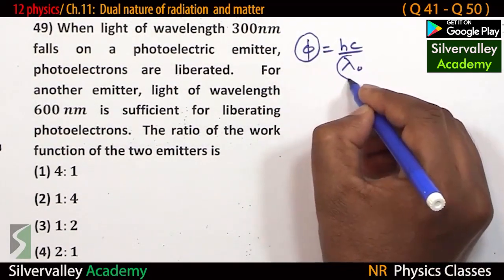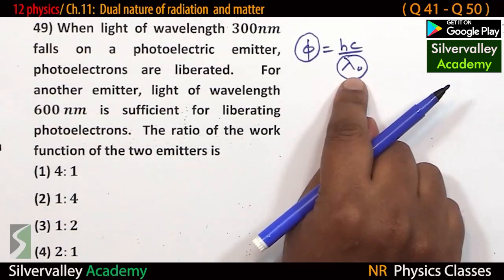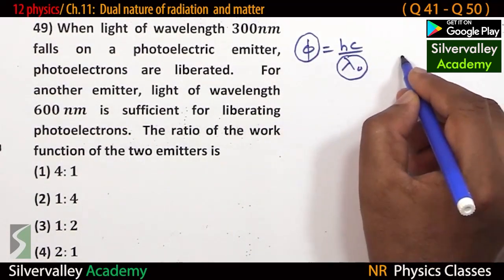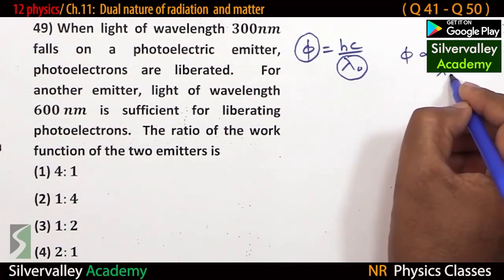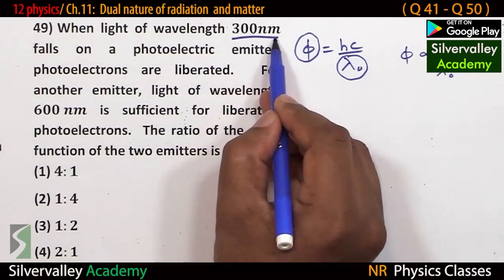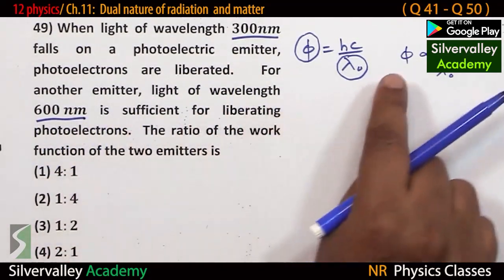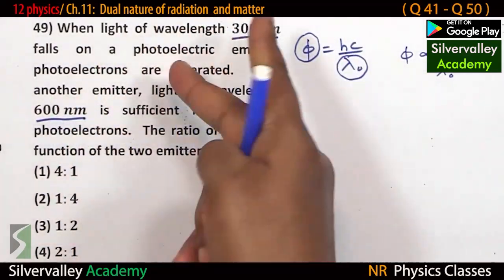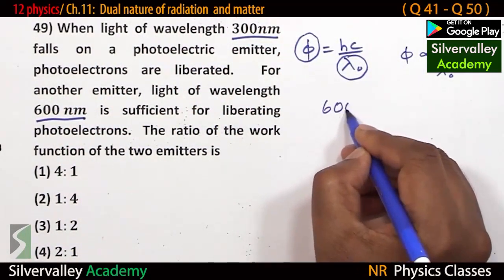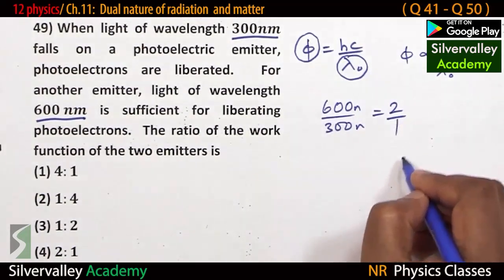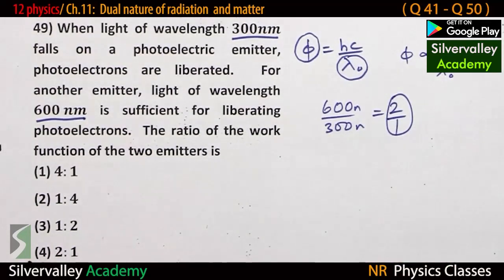Threshold wavelength and work function are inversely proportional. Students, if they are inversely proportional, then take these two in the reverse order. So 600 nano by 300 nano, which is 2:1.